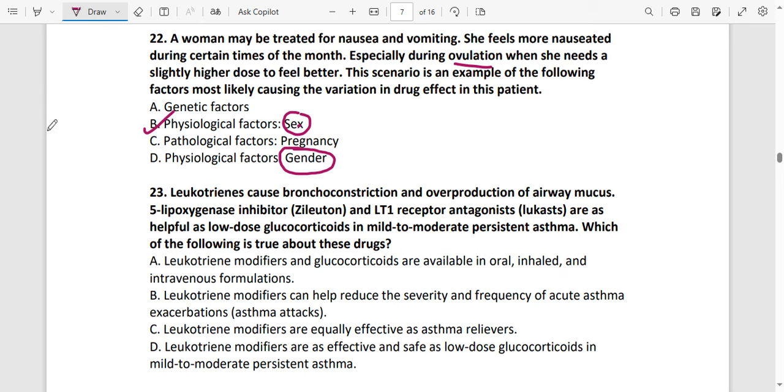B. Leukotriene modifiers can help reduce the severity and frequency of acute asthma exacerbations. C. Leukotriene modifiers are equally effective as asthma relievers. D. Leukotriene modifiers are as effective and safe as low dose glucocorticoids in mild to moderate persistent asthma.